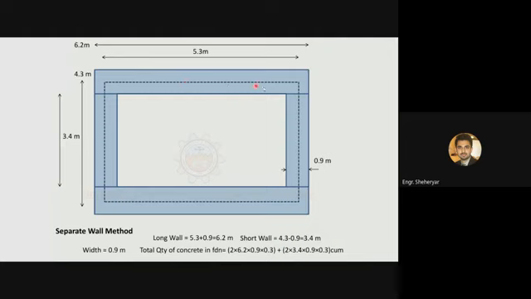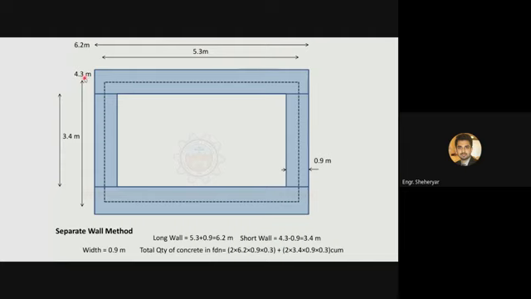This 5.3 plus half width of the wall at this side plus half width of the wall at the other side. So 5.3 plus half of 0.9 for one side plus half of 0.9 for the other side. So 5.3 plus 0.9, you will get 6.2 meters.